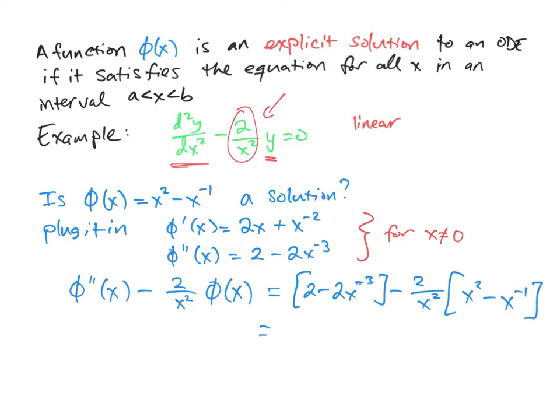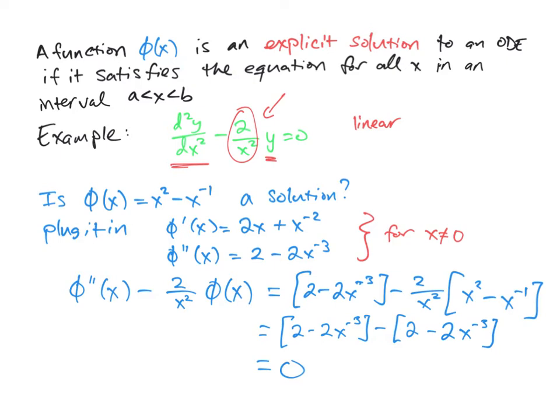If we simplify that, we'll leave the first bracket alone, 2 minus 2x to the negative 3, and we multiply through on that 2 over x squared, and we get minus bracket 2 minus 2x to the negative 3, and the two things in brackets are the same, so this equals 0.